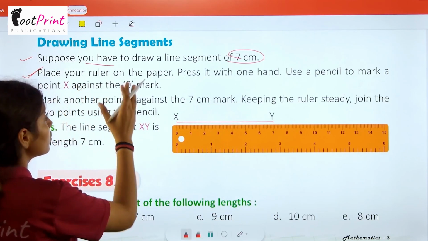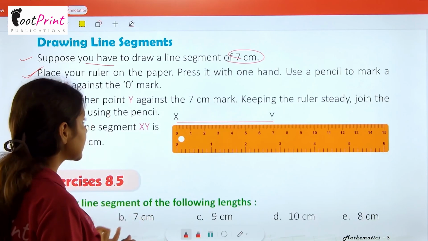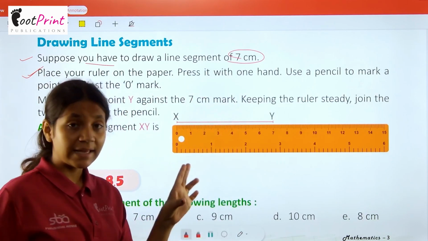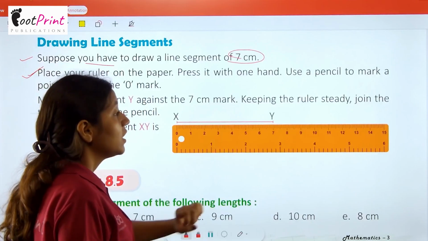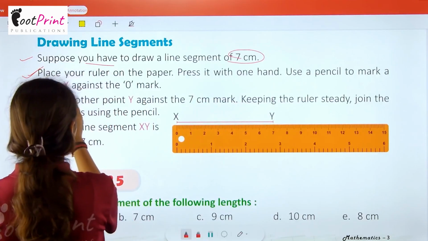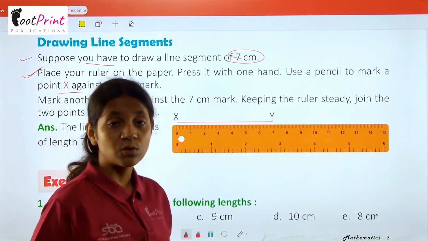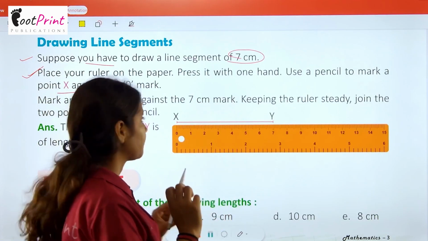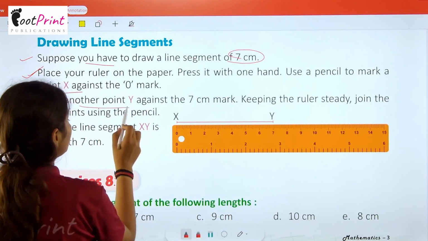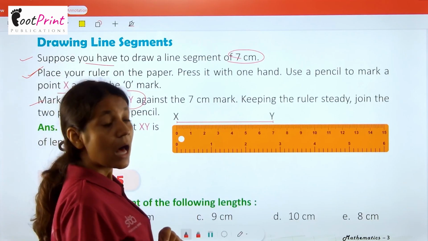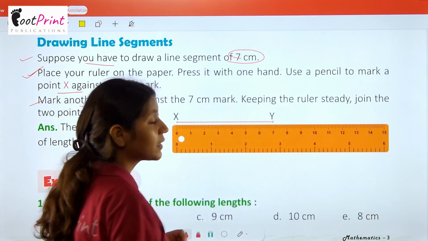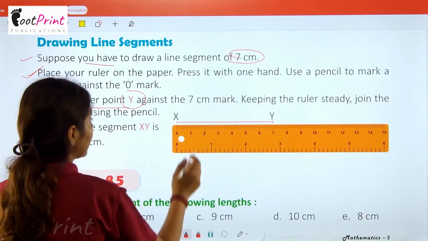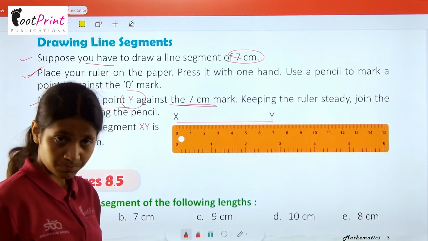Place your ruler on the paper. Press it with one hand. Use a pencil to mark a point X against the zero. Mark another point Y against the 7 centimeter mark.